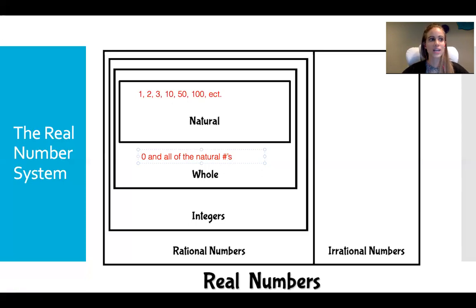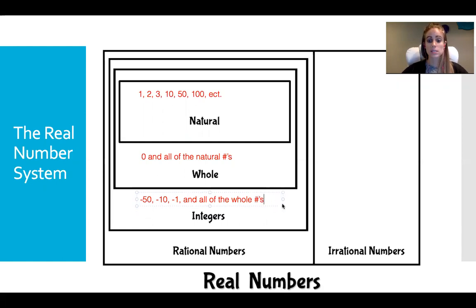With our integers, similar to above, the natural numbers and whole numbers are included within that. So our integers are all of our whole numbers and natural numbers, but they also include the negative values, like -50, -10, -1, and all of the whole numbers.